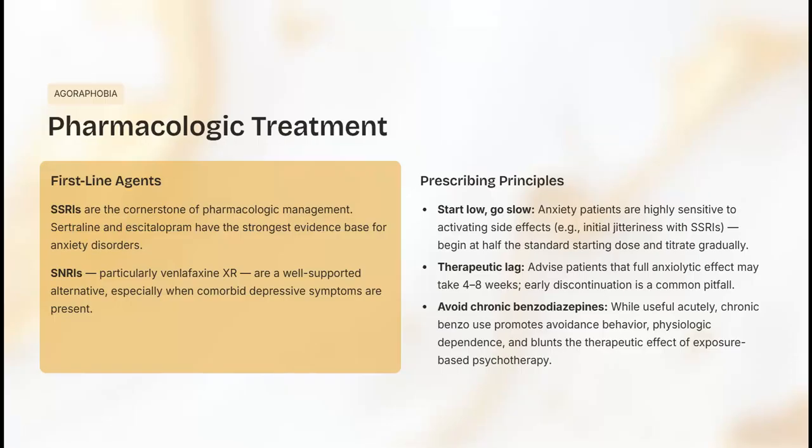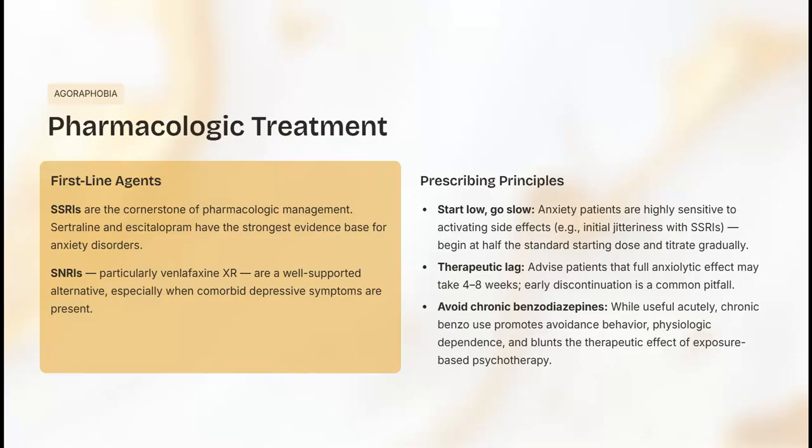Serotonin-norepinephrine reuptake inhibitors, or SNRIs, particularly extended release venlafaxine, are also well supported. That's a very good alternative to SSRIs, especially when the patient also has depression. I have a patient right now with agoraphobia, and they're maxed on venlafaxine, but they are very dependent on that venlafaxine for the comorbid symptoms. Seems to help pretty well.